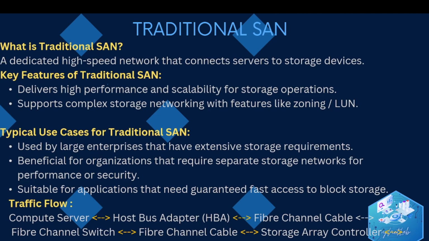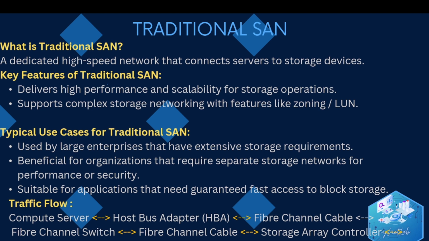Okay, so let's discuss the traditional SAN, because we are going to discuss the vSAN, which is in the vCenter. What is a traditional SAN? A dedicated high-speed network that connects servers, meaning here the compute servers, which have the applications running, to the storage devices. A key feature of the traditional SAN is that it delivers high performance and scalability for storage operations, and it also supports complex storage networking with features like zoning and LUN.